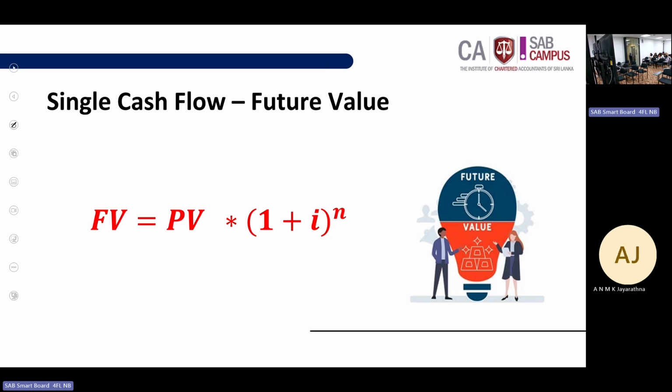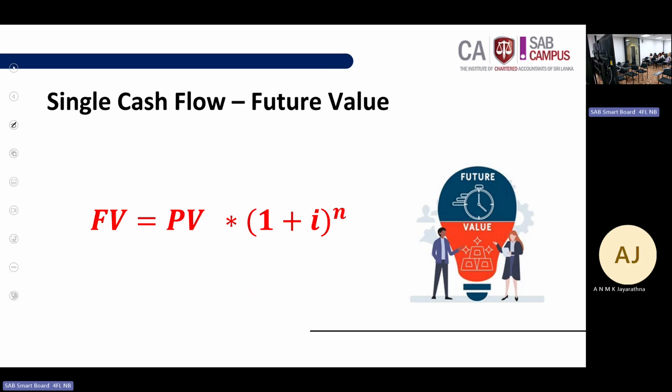Different cash flows occur during this time period, and we call it not a single cash flow but multiple cash flows: CF1 in the first year, then cash flows in the second, third and fourth years.